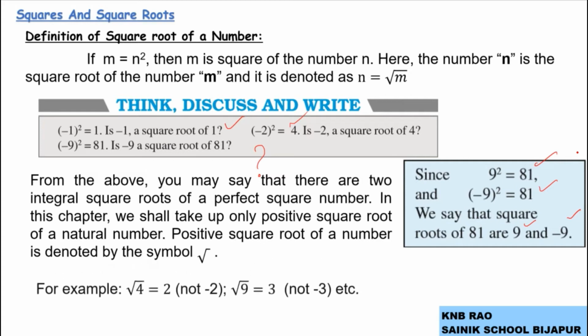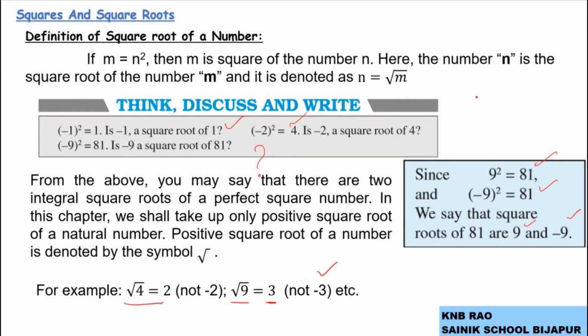For example, root under 4 is positive 2 only, not minus 2. Root under 9 is positive 3 only, not minus 3.